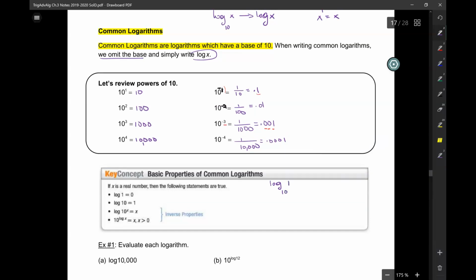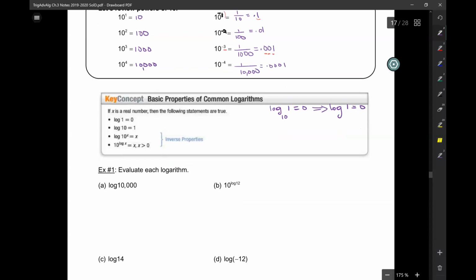So now, if I were to ask you then, log base 10 of 1. What I'm asking you here is, what should be the exponent of 10 for me to get a 1? What do you think? 0. Right? So I can simply write that as log of 1 is 0. Okay? Now, what should be the exponent of 10 for me to get a 10?